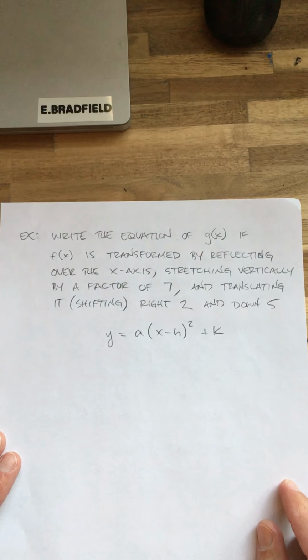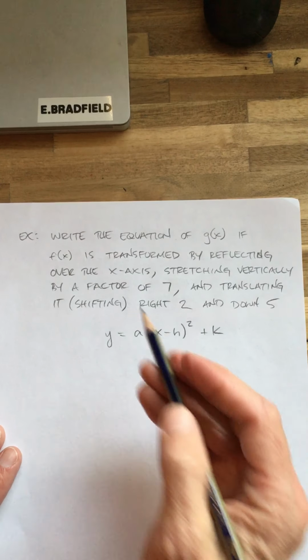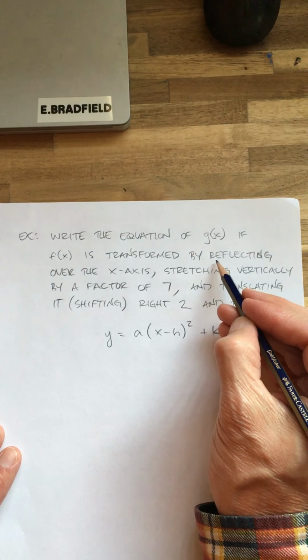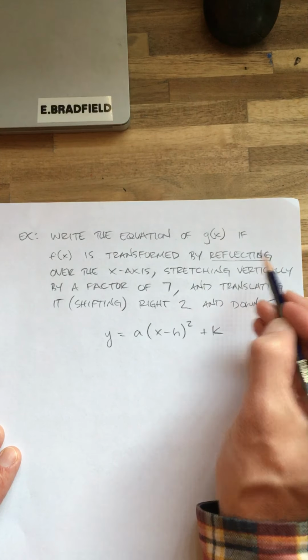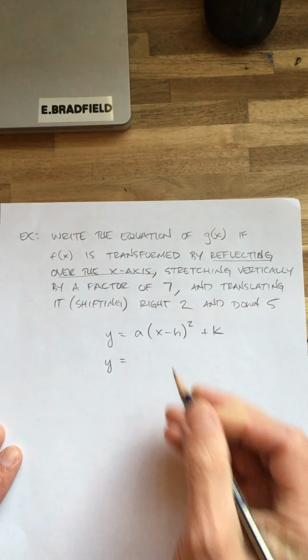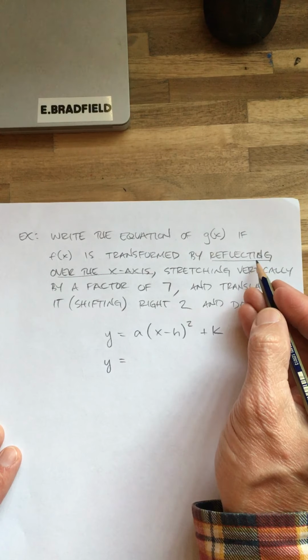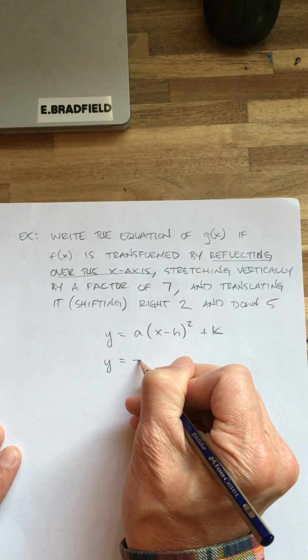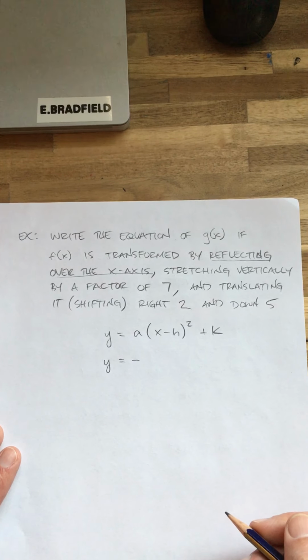So let's read it. The first part says that it's going to be reflected, reflecting over the x-axis. So automatically, what does that tell me about the equation? It means that it's going to be y equals, since it's reflected, we need to make sure that it's negative in front.